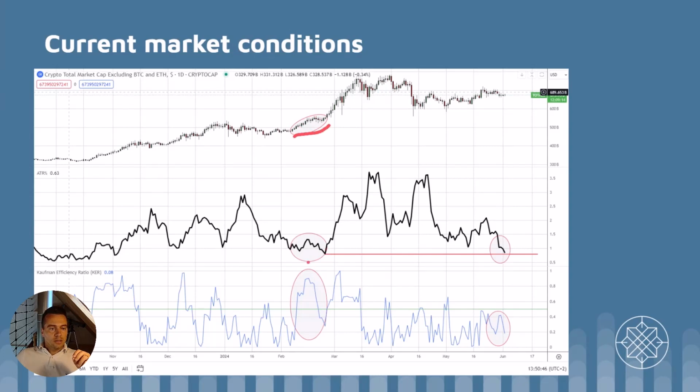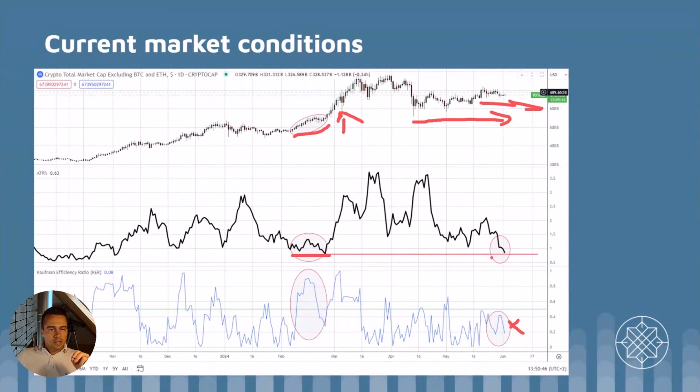If the volatility was that low last time, the market was at least moving to one side. But right now, the market is not moving at all. We are basically going sideways. We are going sideways since April, but with very low volatility.